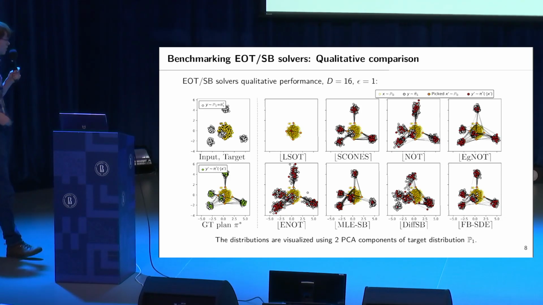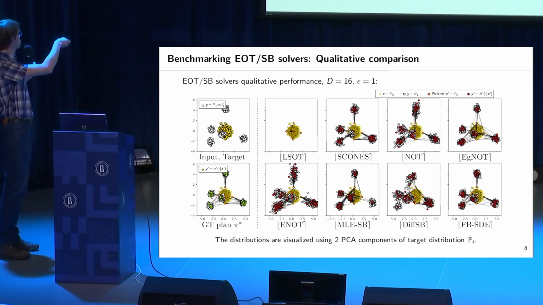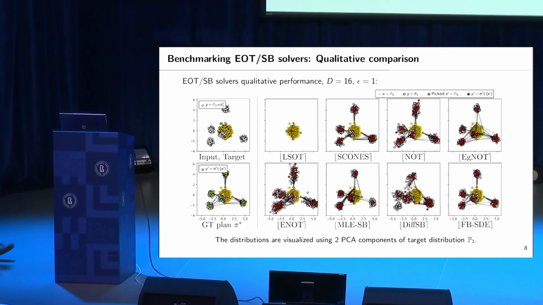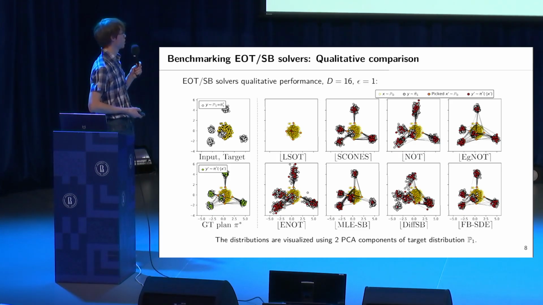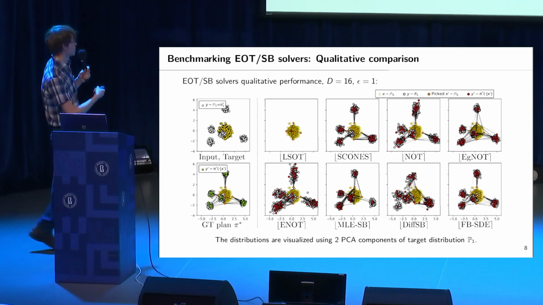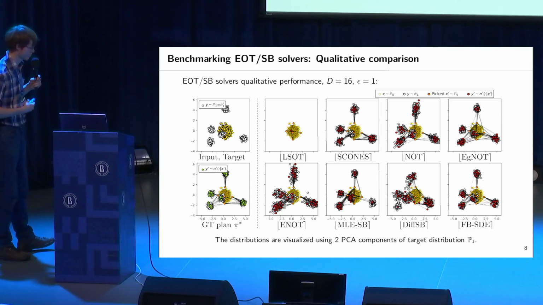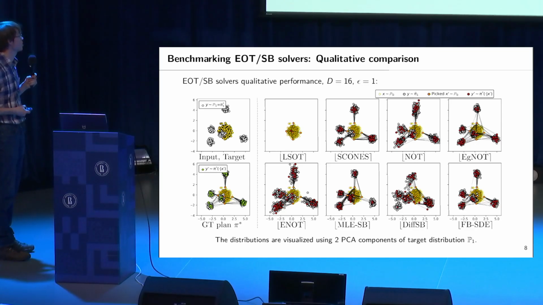As you can see, this is a multi-modal distribution. And in the image below, we demonstrate the conditional distribution, so y given x. And also here we demonstrate how the different solvers, which we discuss in this presentation, perform in this setup.